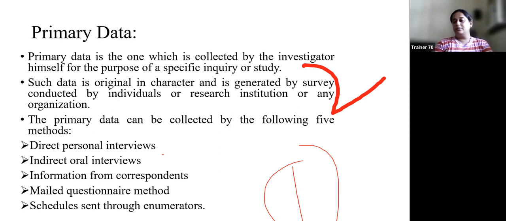Let us understand primary data with the help of an example. If a researcher wants to know the impact of midday meal program in schools, school में जो they get meal, उस meal के बारे में अगर उसका impact क्या है school going students के ऊपर, अगर वो study करना चाहते हैं, then he has to undertake a survey and collect data on the basis of the questions.